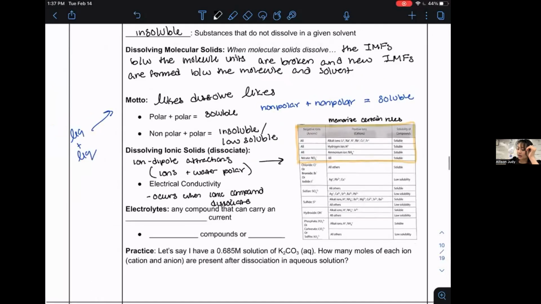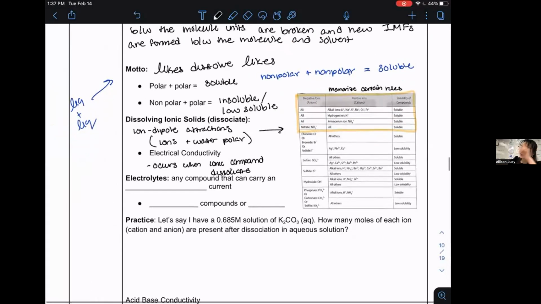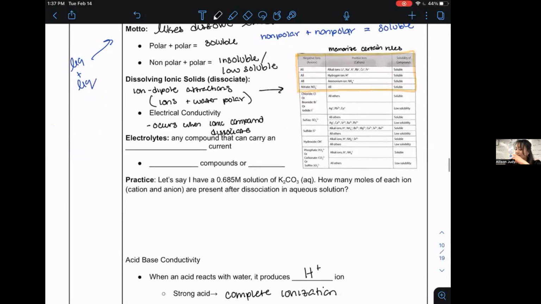So this brings us into a little subtopic on electrolytes. We would call any ionic compound aqueous solution that has been dissociated an electrolyte solution, because an electrolyte is any compound or dissolved compound that can carry an electrical current.